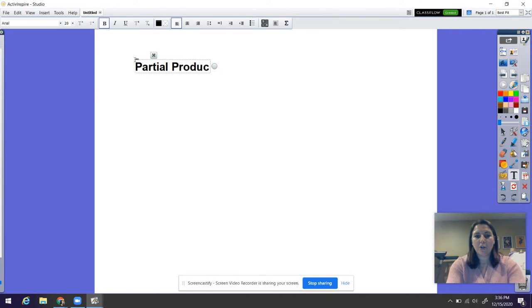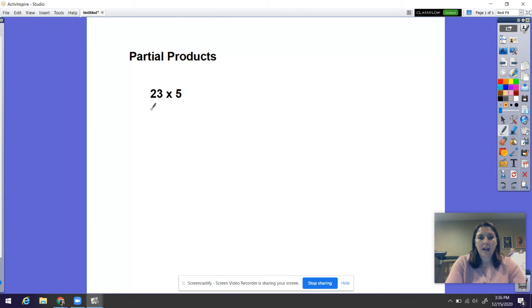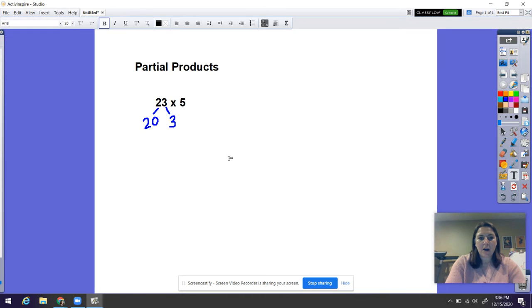It's called partial products. A product is the answer to a multiplication problem. So if we have a problem like 23 times 5, we ask kids to break the bigger number up into its parts, so into its tens and its ones. And then we use those parts to create easier multiplication problems.